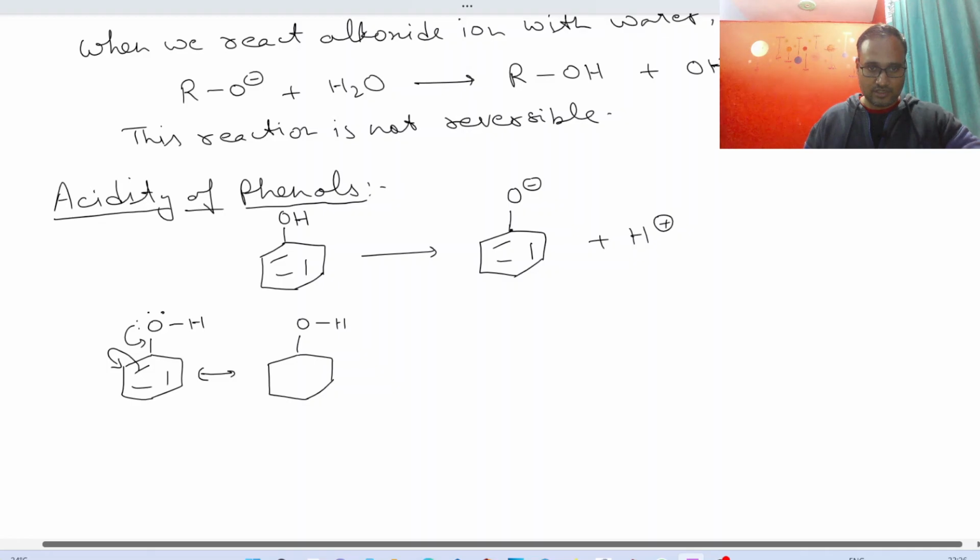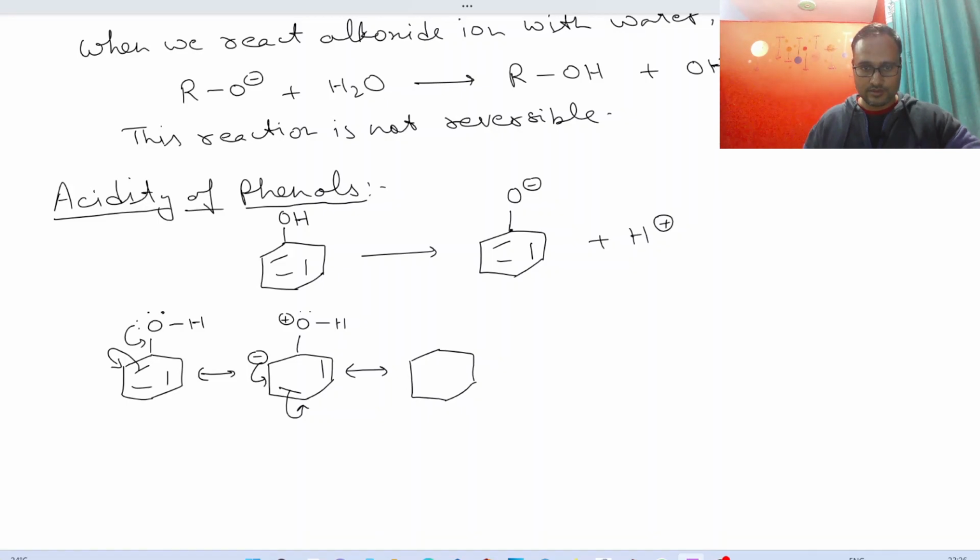In this, the oxygen atom develops a positive charge and the negative charge is delocalized on the benzene ring. So this gets inside, forming a double bond. Negative charge comes at the para position. This bond will remain as it is. Oxygen, hydrogen will remain as it is. One lone pair and positive charge.